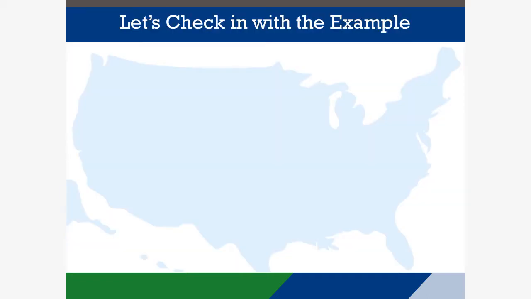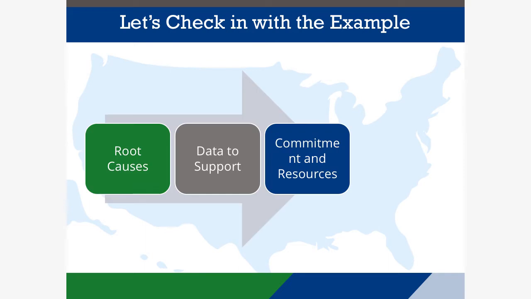It's time to check in with our example again to see where they're at with isolating the root cause or causes to address. Through additional data sources, the team has been able to confirm the root causes of the problem, including 1, the agency culture focuses more on mothers and does not equally value the potential role of fathers, and 2, that caseworkers lack knowledge and skills related to engagement of non-custodial fathers.